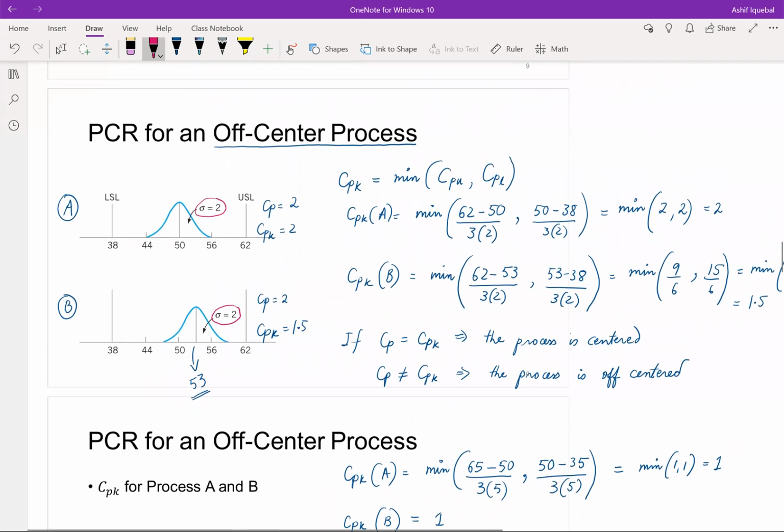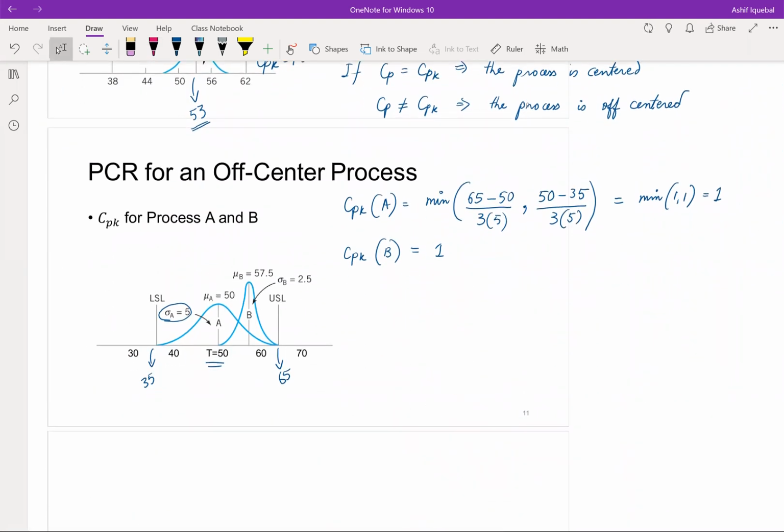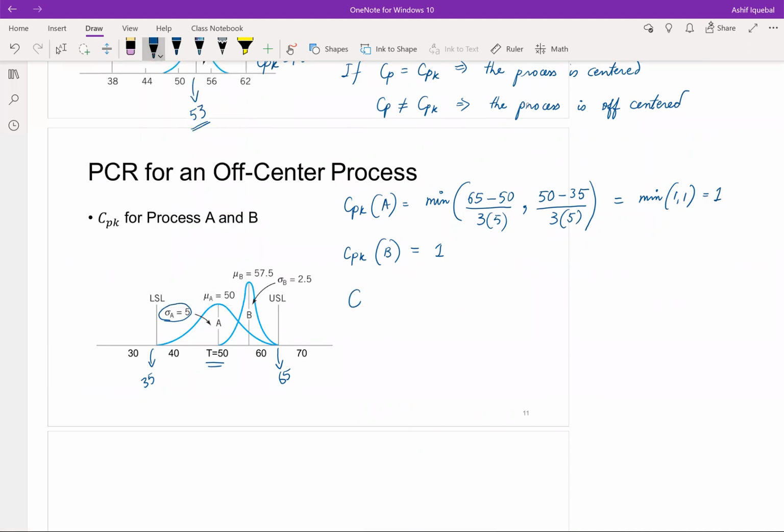So what I didn't tell you here is that this formula for CPK would work only if sigma remains unchanged. When sigma changes, this is where we have to use another formula, it's called CPM.